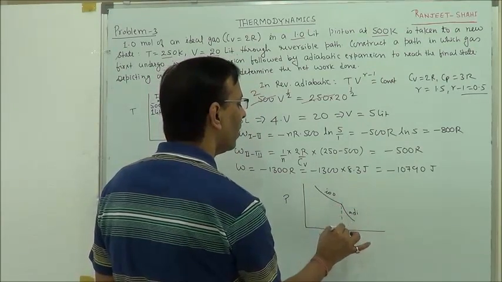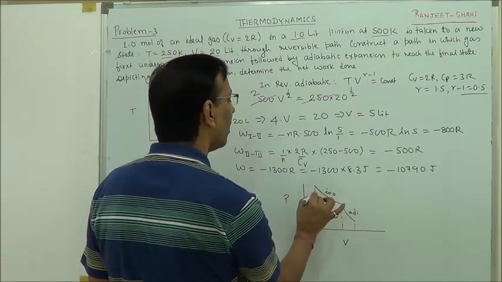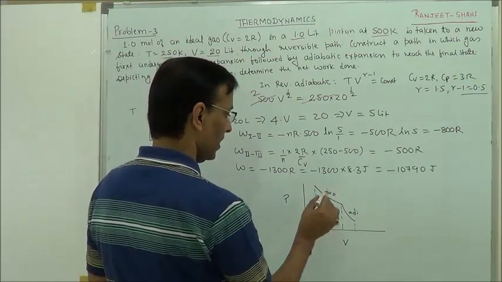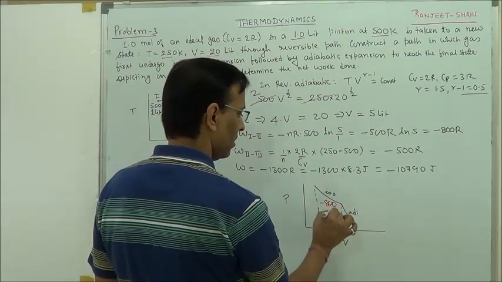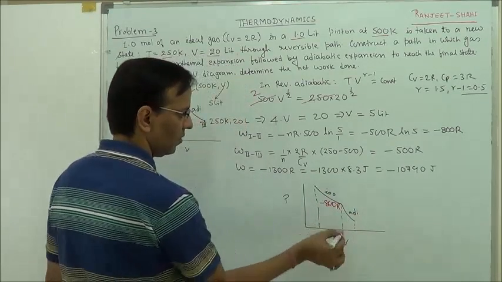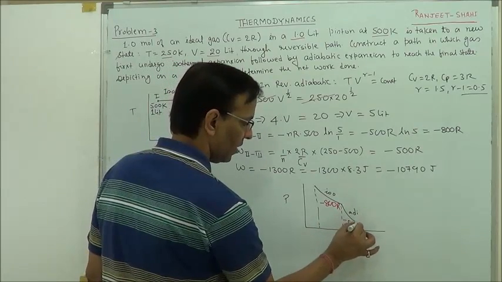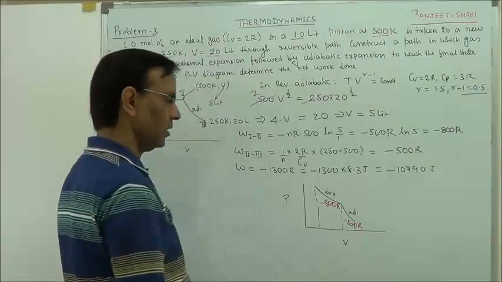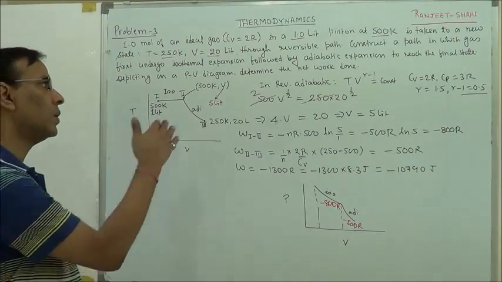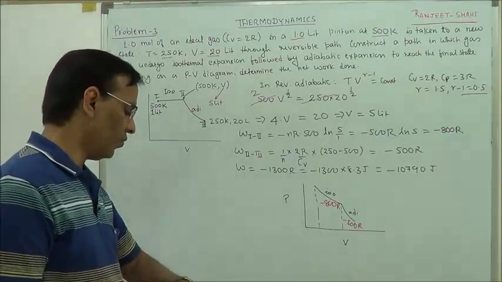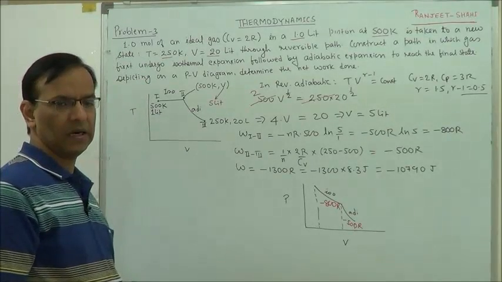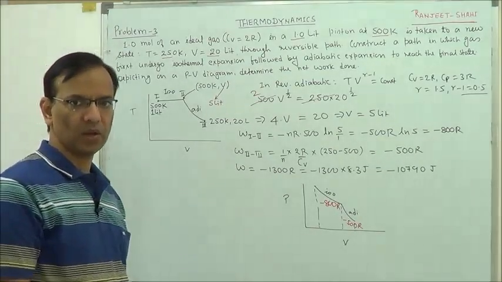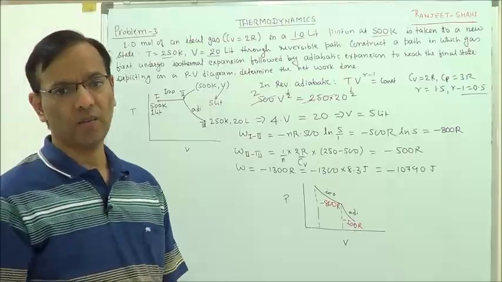So this is adiabatic work done, and this is isothermal work done, and this is minus 800 R, and this is minus 500 R, and this entire is the total work done. So that is the way we determine work done, by combining reversible adiabatic with reversible isothermal process.